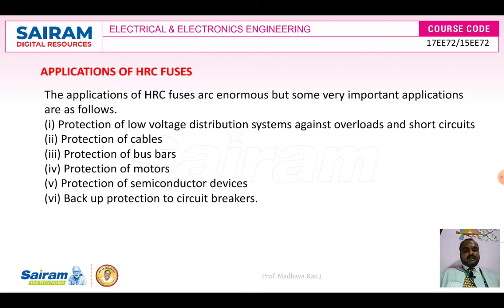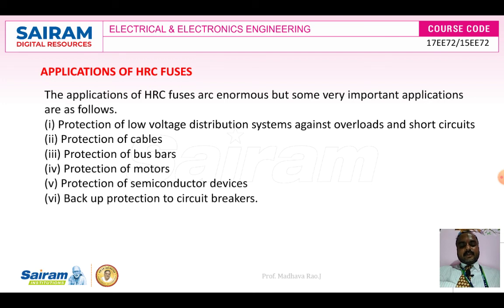Whenever a fault occurs, cables may melt, so that we can avoid. Protection of bus bars: bus bars mean the transmission lines, and those we can protect by using an HRC fuse. Motors also we can protect. Semiconductor devices, like inverters, rectifiers, choppers, and AC voltage regulators, we can protect by using HRC fuses.